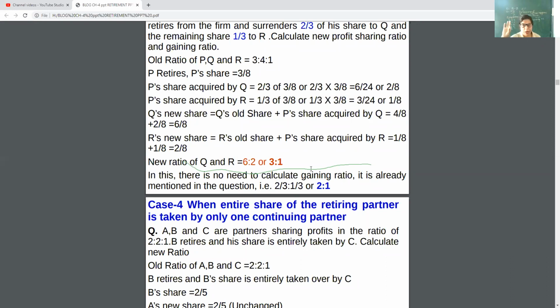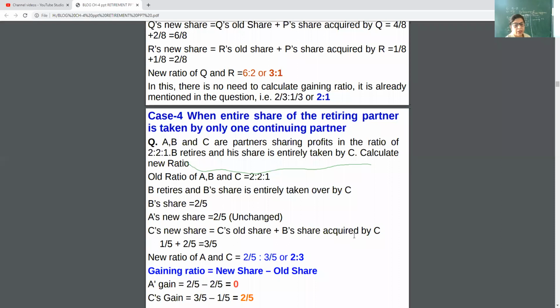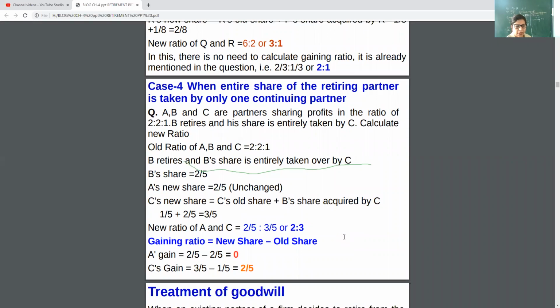This is some part of method C. Case C. See, only in this case, B retires and his share is taken up by C. So what to do? B's share should be added to C. See, old ratio 2 to 1, B retires, his share is taken over by C. So B's share is 2/5, and A's share is unchanged because A is not getting anything.